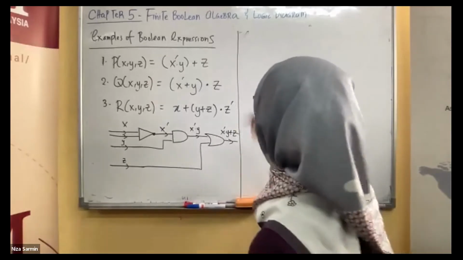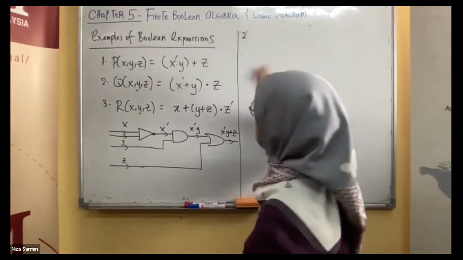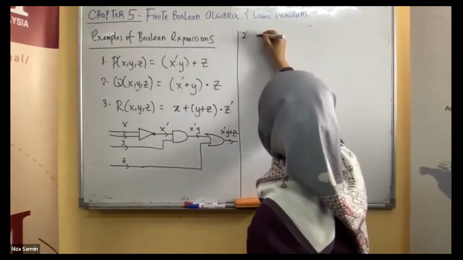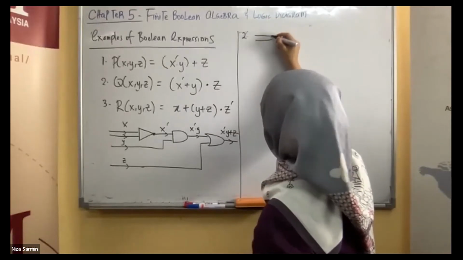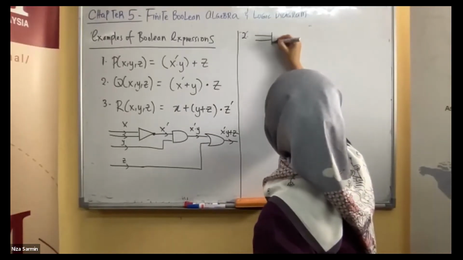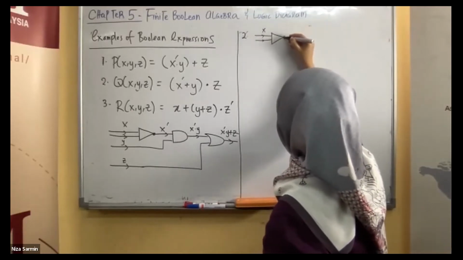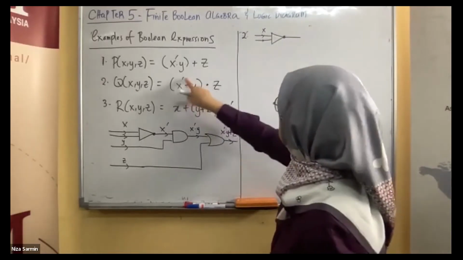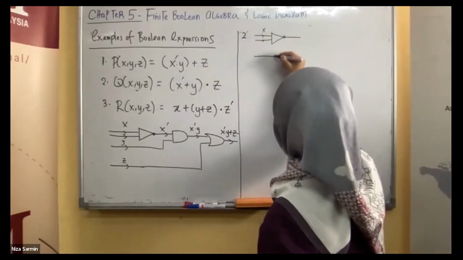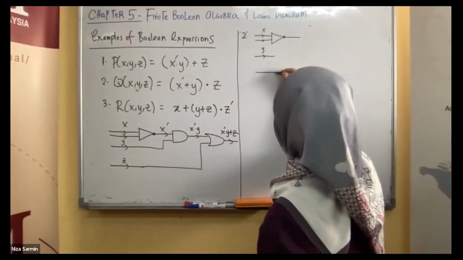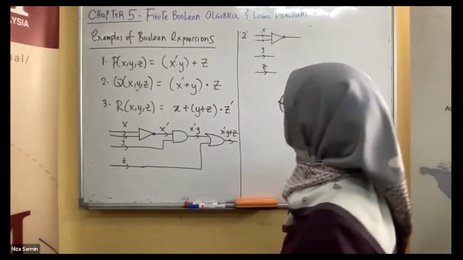Okay, let's go together. Number 2. So we have again, 2 for x. 2 for x, because there's an x prime. Then there's a y. And then there's a z.